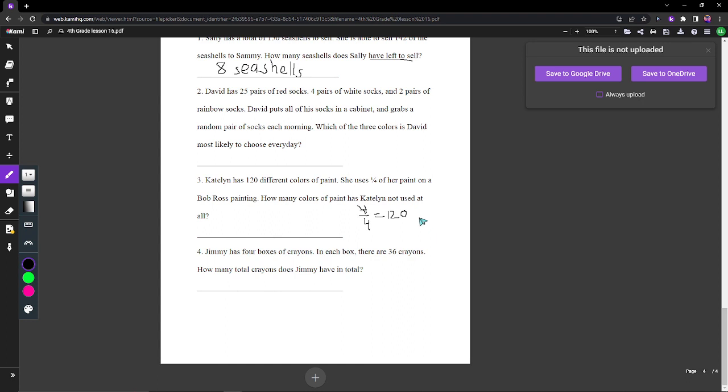What does that mean? That means she used 1/4, so it's only 1. You can just set it up as a ratio like this. That should get you 30. So that means she used 30. But that's not your answer. It's how much did she not use? You have to look for these kinds of keywords. So you get 120 minus 30. Technically this is just 12 minus 3, which is 9. So she didn't use 90 colors.